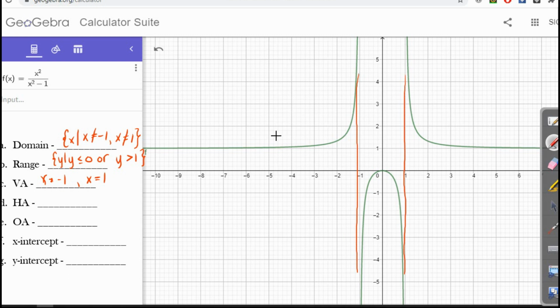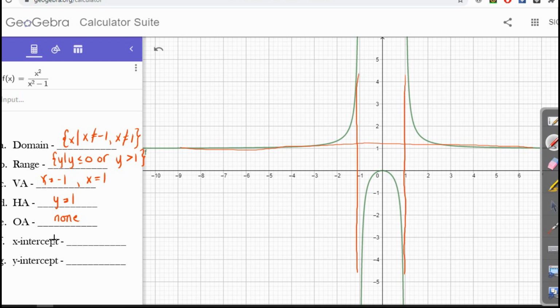And looking at our graph, the horizontal asymptote is located at this point, y equals 1, meaning to say these two graphs of the function do not pass through point 1 on y. So we have y equals 1 as the HA. And since the HA exists in this function, the oblique asymptote is not present. So we have to write the word none.